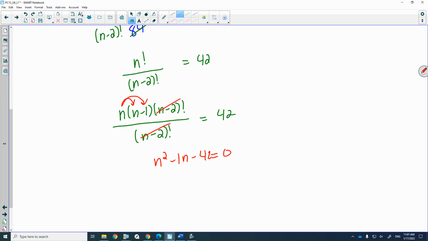Find the two numbers that multiply to negative 42 and sum to negative 1. And that would be n minus 7 and n plus 6. So again, we're going to get an answer of n is equal to 7. We're going to reject our negative 6, and you'd state your reason: n must belong to the element of natural numbers.